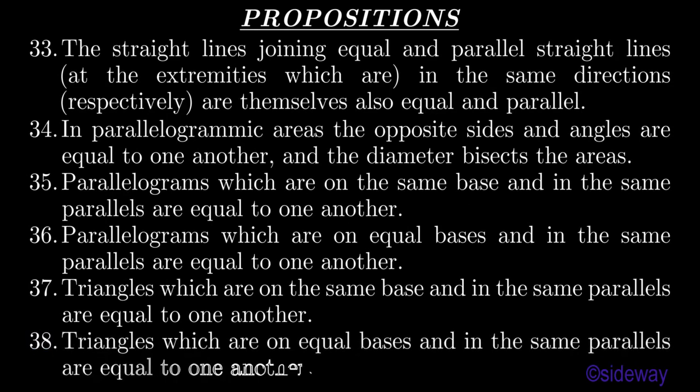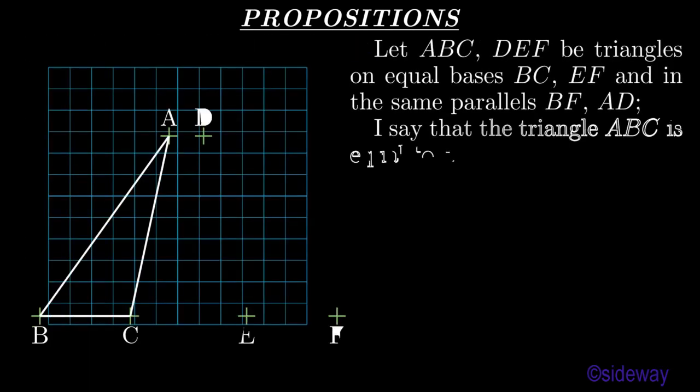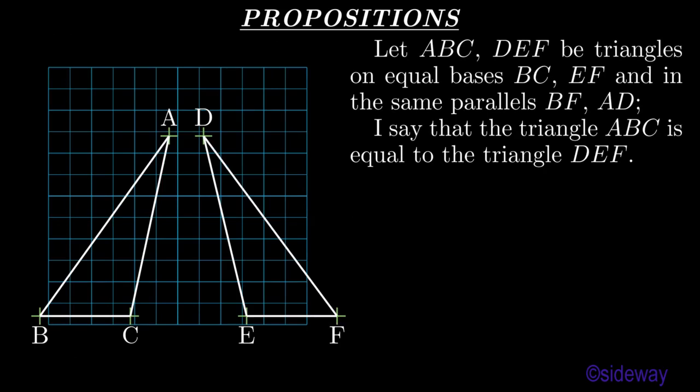Proposition 38. Triangles which are on equal bases and in the same parallels are equal to one another. Let ABC, DEF be triangles on equal bases BC, EF and in the same parallels BF, AD. I say that the triangle ABC is equal to the triangle DEF.